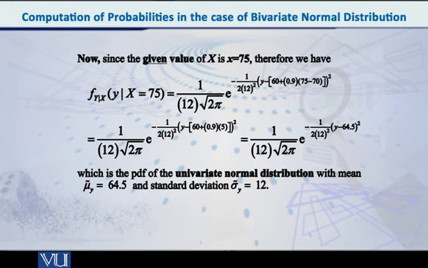F of y given x is equal to 1 over 12 into square root of 2 pi into e raised to minus 1 by 2 into 12 square, 144, and this entity multiplied by y minus, जो माइनस होना है वो एक लंबा एक्सप्रेशन है, आप जानते हैं, and what is it, 60 plus 0.9 into x minus 70, और इस पूरी चीज़ का whole square. तो आपने देखा कि सारी चीज़ें नंबरों में तब्दील हो गई हैं, मगर y भी है उसके अंदर, because obviously y ने तो होना ही है। It is the conditional distribution of y given x, तो x है वहाँ पे.